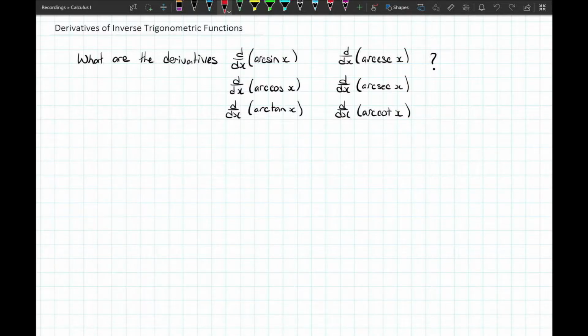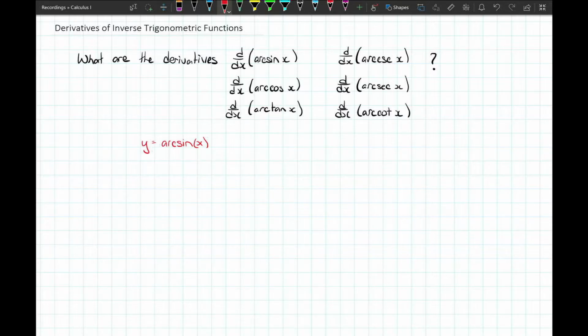Now, if we ever have an equation of the form y equals arcsine x, feel free to use the sine to the -1 notation. Inverse sine can be written either way, but I like to use arcsine because it really doesn't have anything to do with exponents, generally speaking.